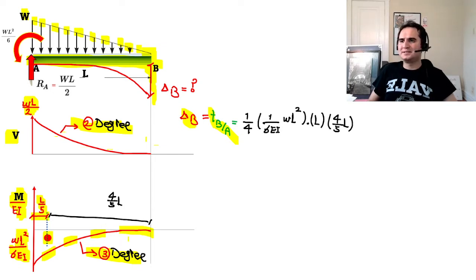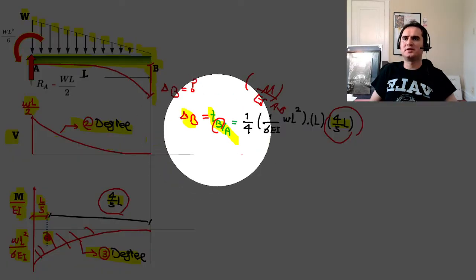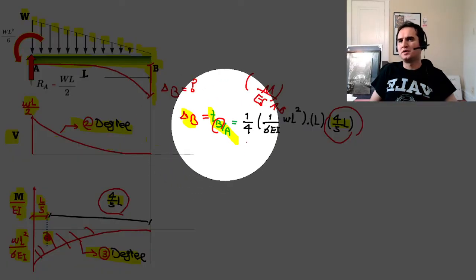It says it's the area under M over EI, which is this area, times the distance from B, that's 4 over 5 L. That's M over EI from A to B, which says delta B is tB over A.